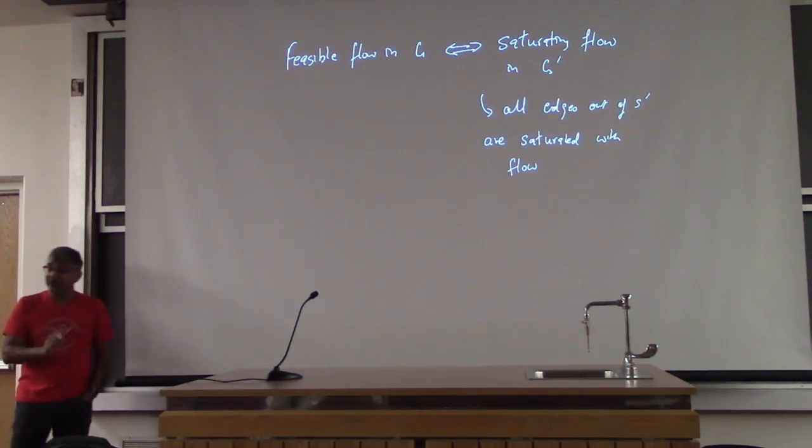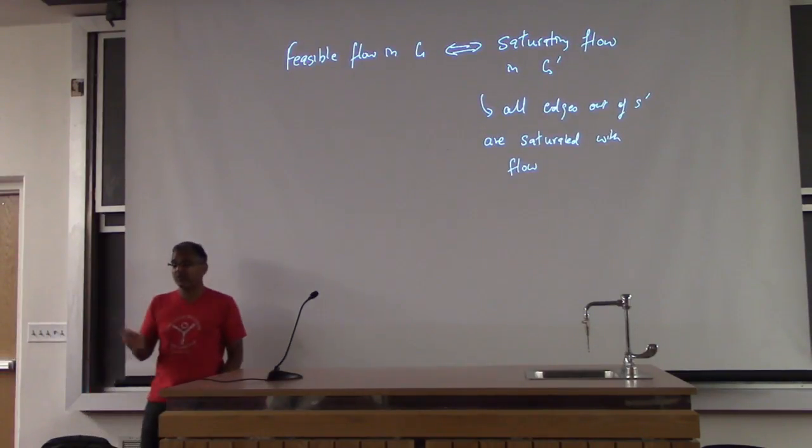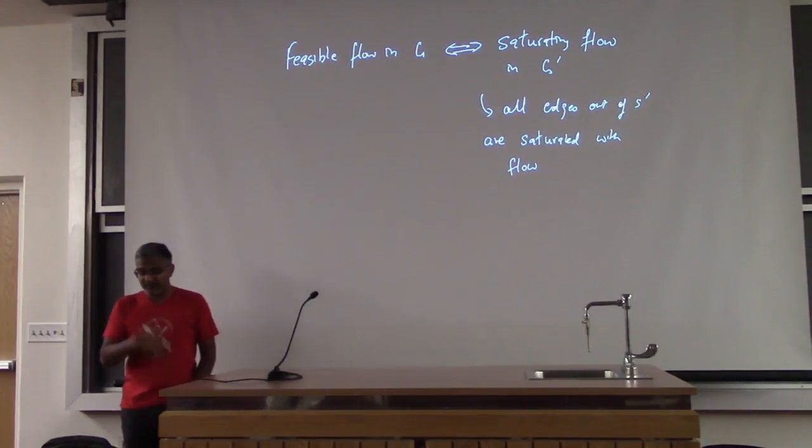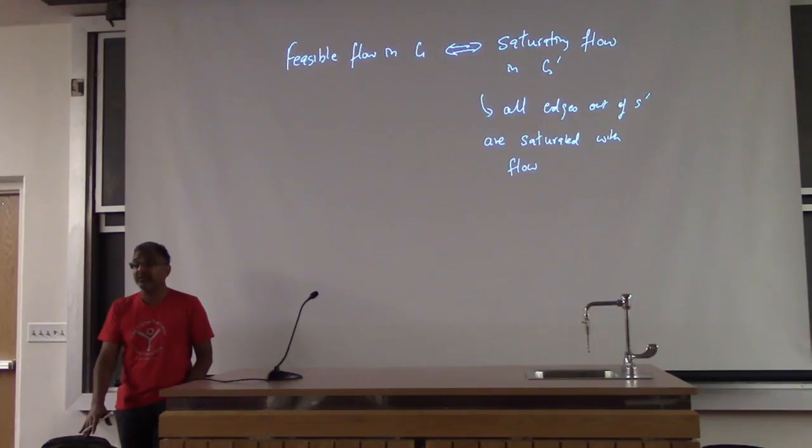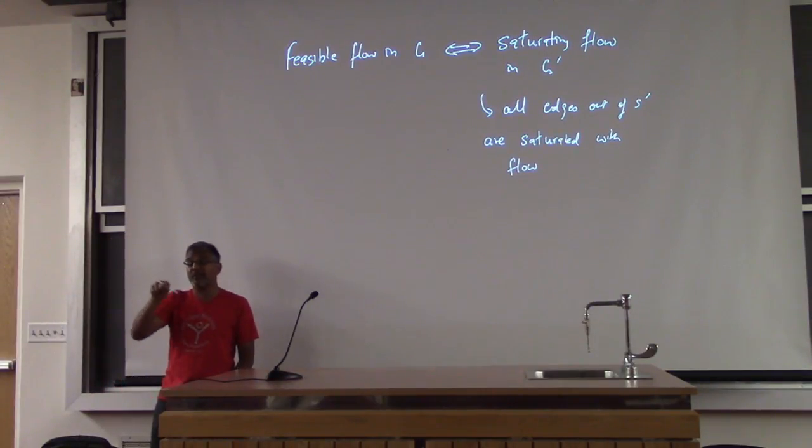And so if this claim is true, then we have a solution to our problem. We take our problem, transform it to this new graph, run max flow in this new graph, look at the max flow we get, and check if all the edges coming out of the source are full. Because obviously that's the max flow you can possibly get. If they're full, say yep, there's a feasible flow. If they're not, say no, there's no feasible flow.